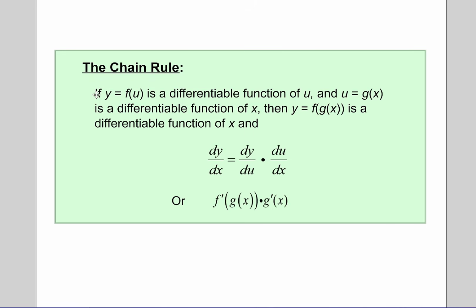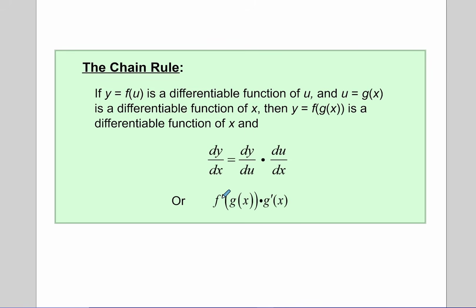Here, the definition of the chain rule is that if you have some differentiable function f and you allow u to be the inside function, g of x, and it's a differentiable function also, then the function f of g of x, which we call a differentiable function, can be differentiated in terms of x by thinking of dy dx as dy du times du dx, or the composition is f prime of g of x times g prime of x.